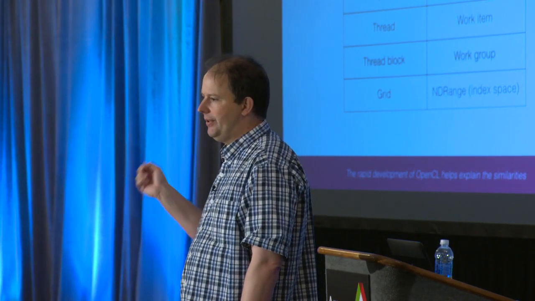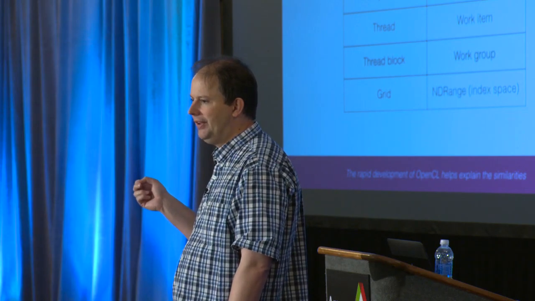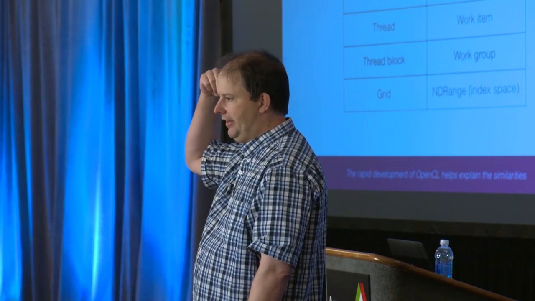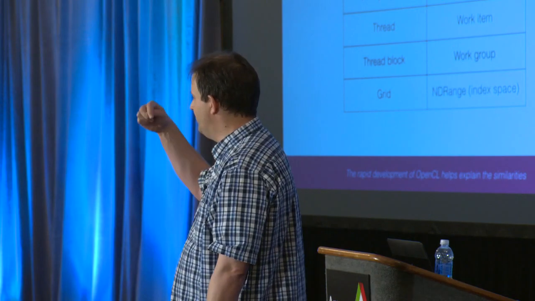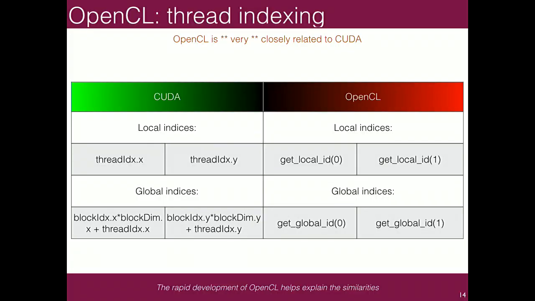It's not a true thread, okay? It's just one instance of instructions flowing through a SIMD unit. So it's not really a thread. So we call it work item, work group, and the grid of blocks becomes ND range, for n-dimensional range.